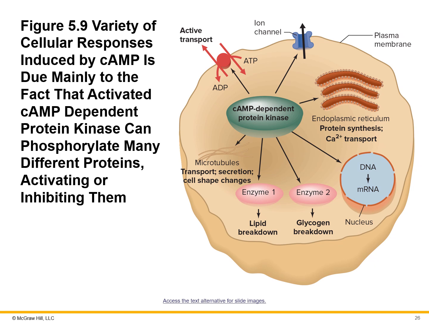Some examples are causing an enzyme to initiate lipid breakdown, causing an enzyme to convert glycogen into glucose, causing the DNA to transcribe a gene into mRNA and make a protein, causing the endoplasmic reticulum to package those proteins and send them out for use somewhere else. So this slide is just kind of showing how by using different methods, it can cause a lot of cellular changes in a cell.